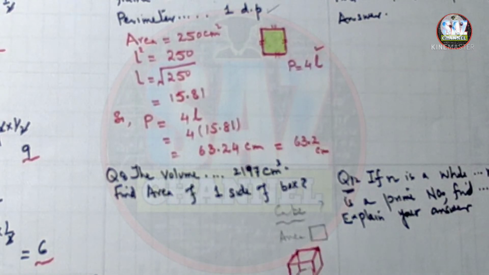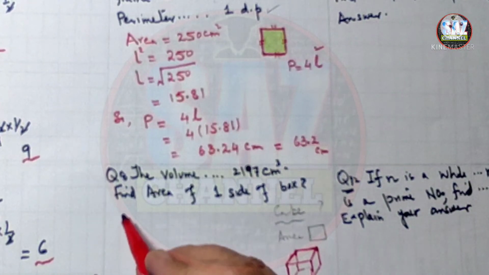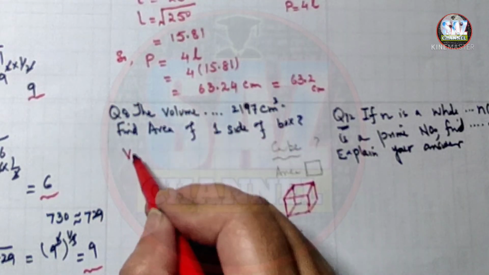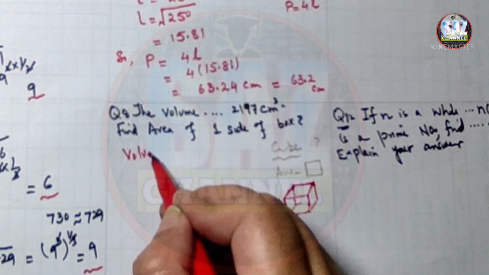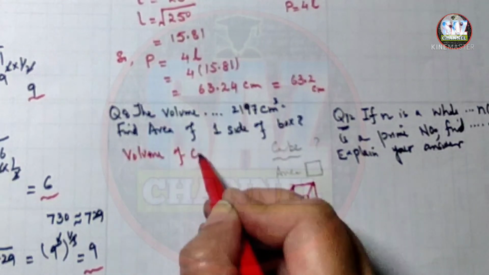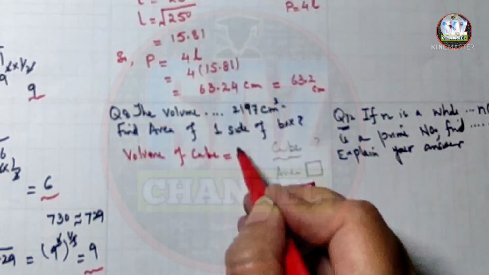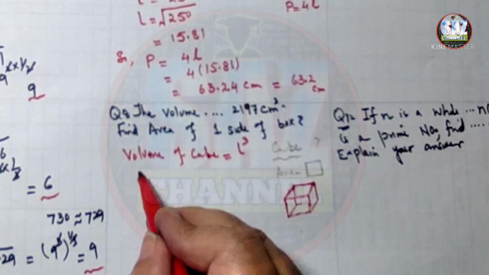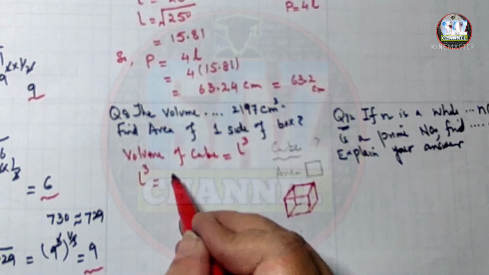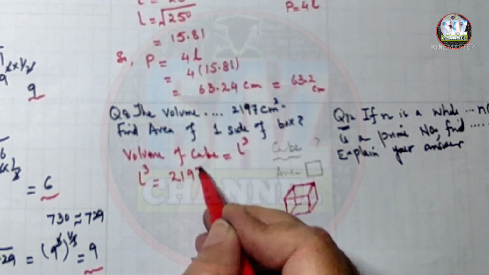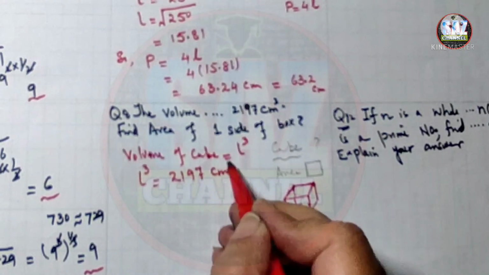Okay, so the formula for the volume of a cube is L cube, and the answer of L cube is 2197 units cube, centimeter cube.